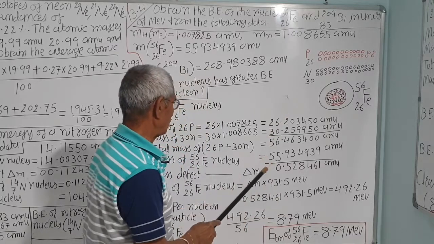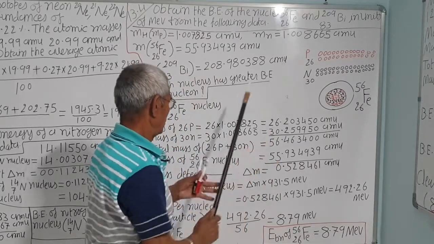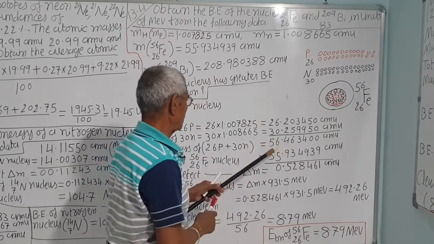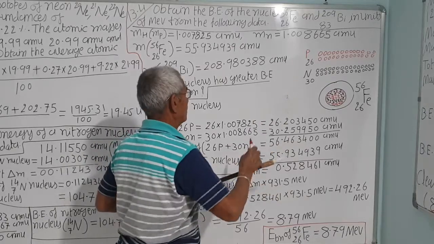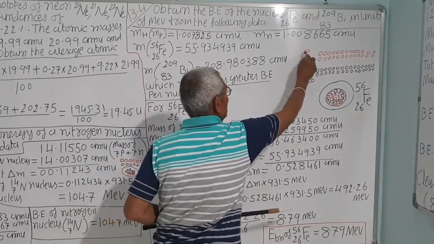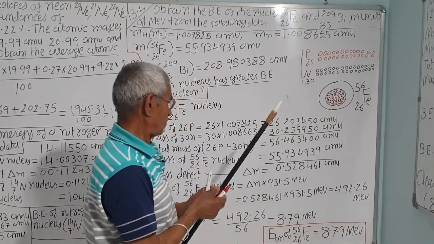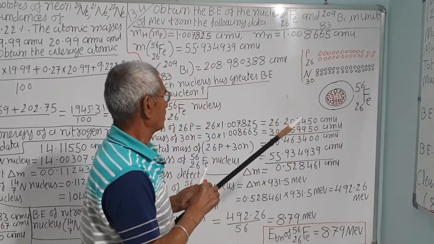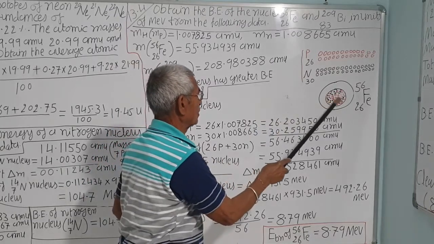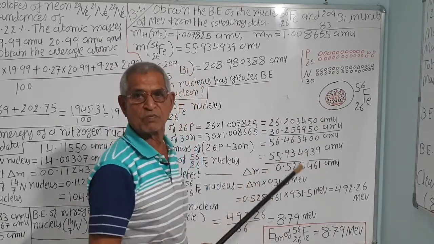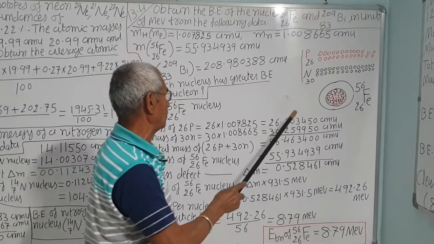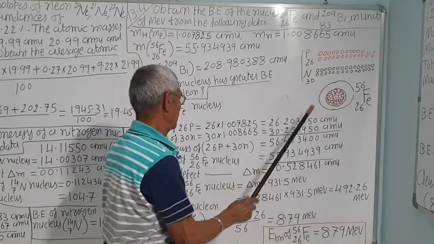The mass here is 56.46, because some mass converts into energy to keep the particles, the neutrons and protons, all together, called the nucleons, in the nucleus.